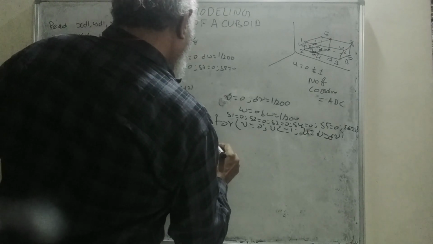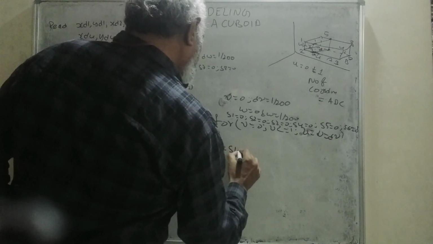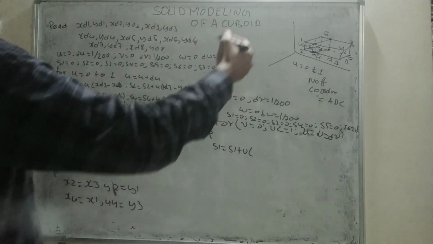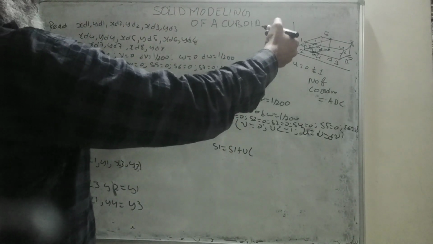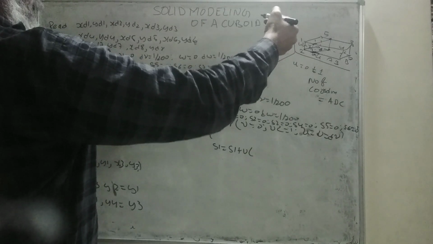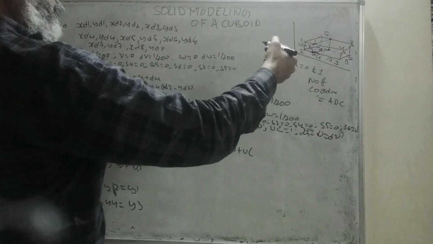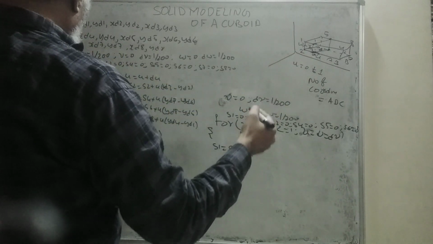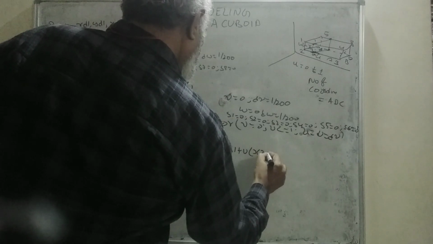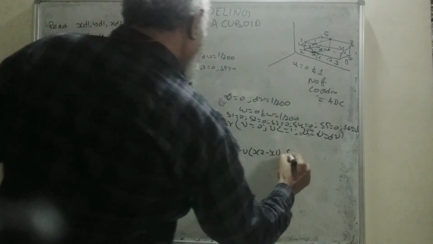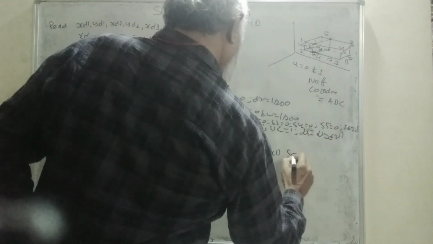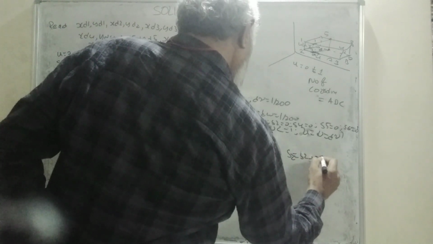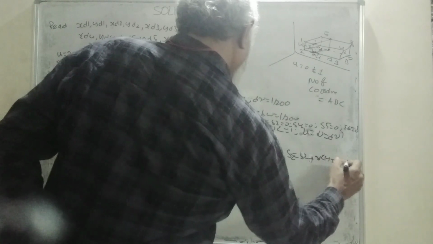So S1 is equal to S1 plus v into x2 minus x1. S2 is equal to S2 plus v into y2 minus y1.